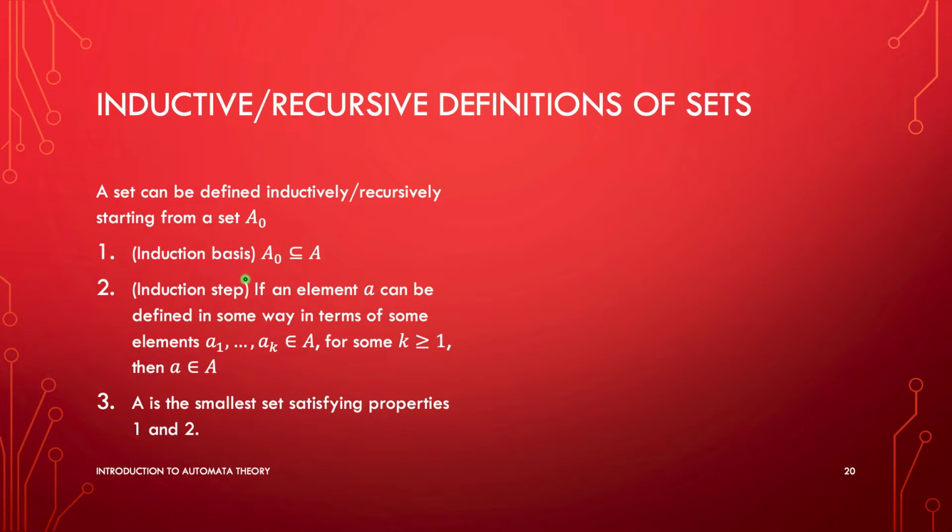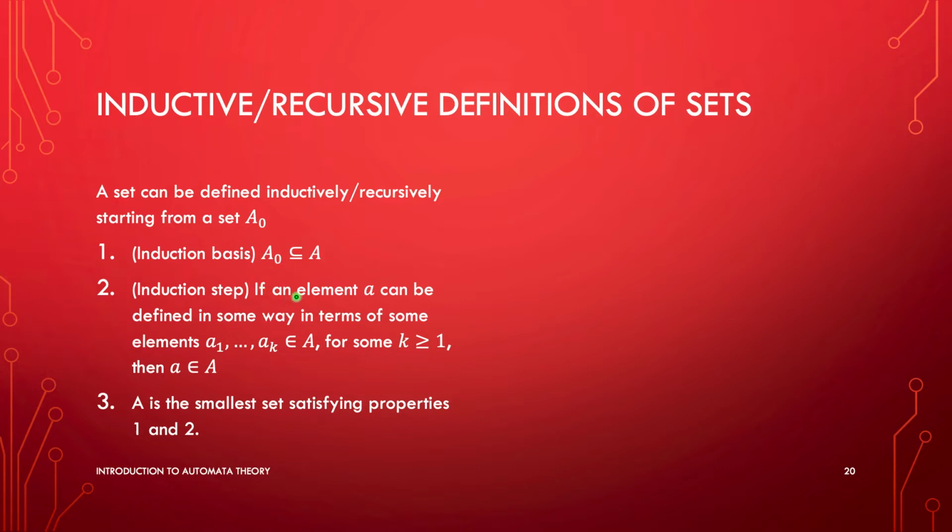It resembles quite a lot the induction basis we have seen from the induction principle. Then in such recursive definitions, you will see a second condition, and this resembles the induction step from the induction principle. And that's going to be something like this.